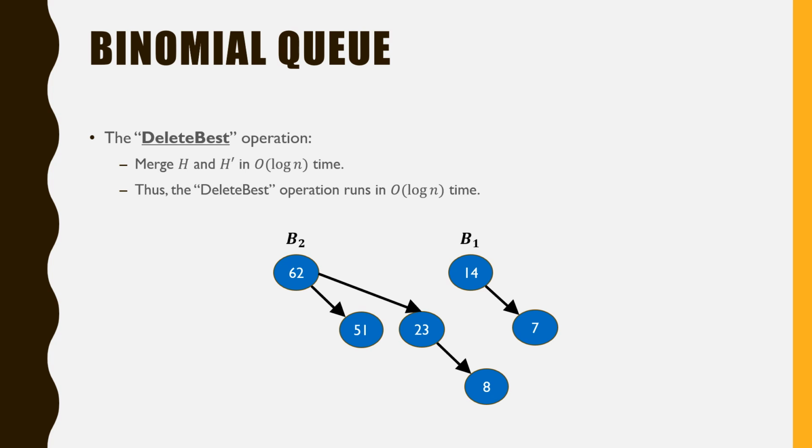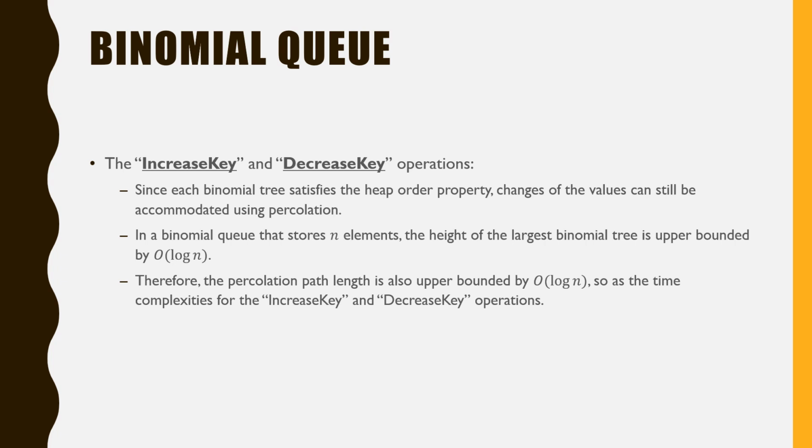Next, the increase key and decrease key operations can both be performed in O(log n) time. Since binomial trees are valid heaps, value changes can be accommodated through percolation.